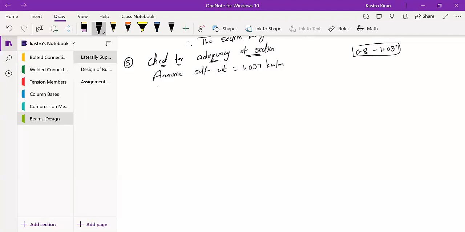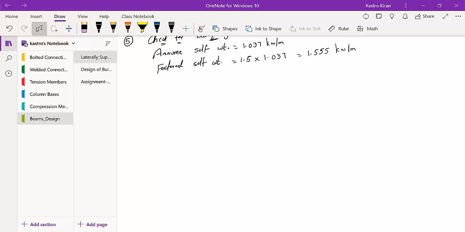Now, so therefore, factored self-weight equals 1.5 times 1.037, which will be 1.555 kilonewtons per meter. Now you also have to solve for the factored bending moment, which is caused by the self-weight.